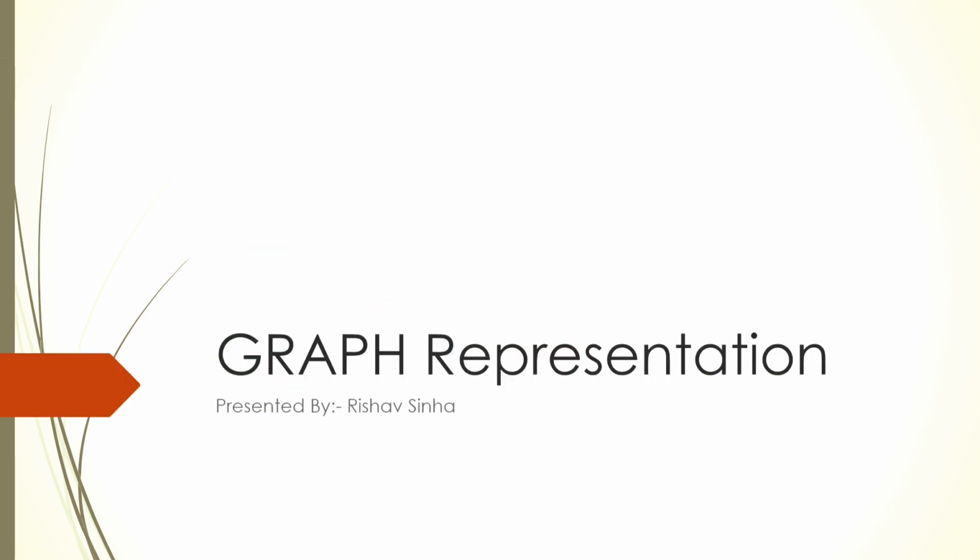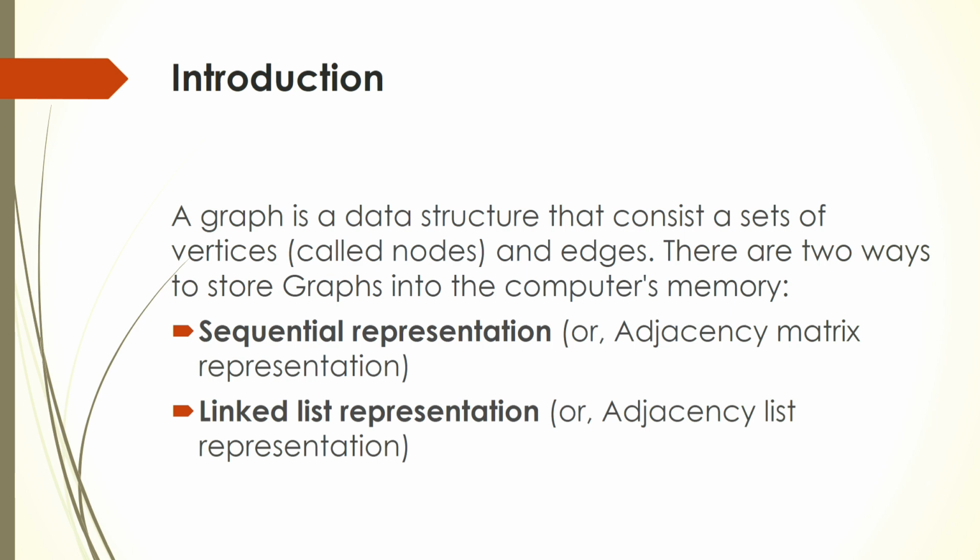Now coming to the graph representation. So a graph is a data structure that consists of a set of vertices called nodes and edges. There are two ways to store graphs in the computer's memory. First is sequential representation, which we can say is adjacency matrix representation, and the second one is linked list representation, which we can also say is adjacency list representation.